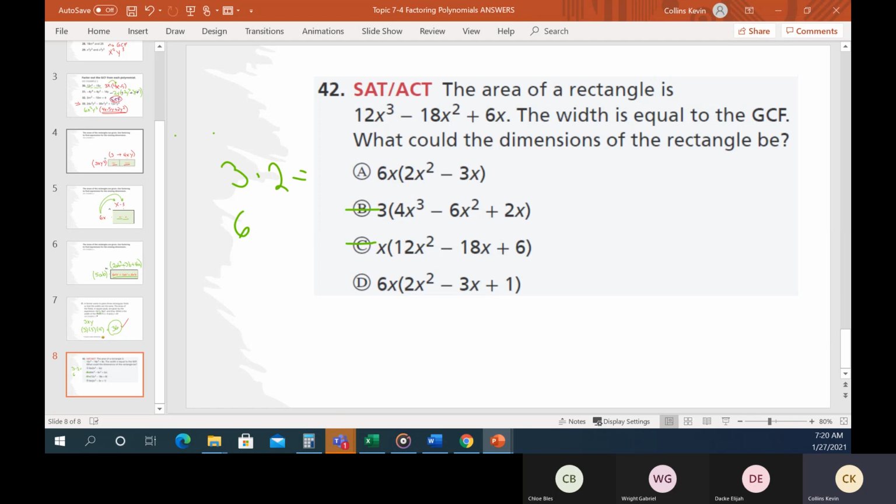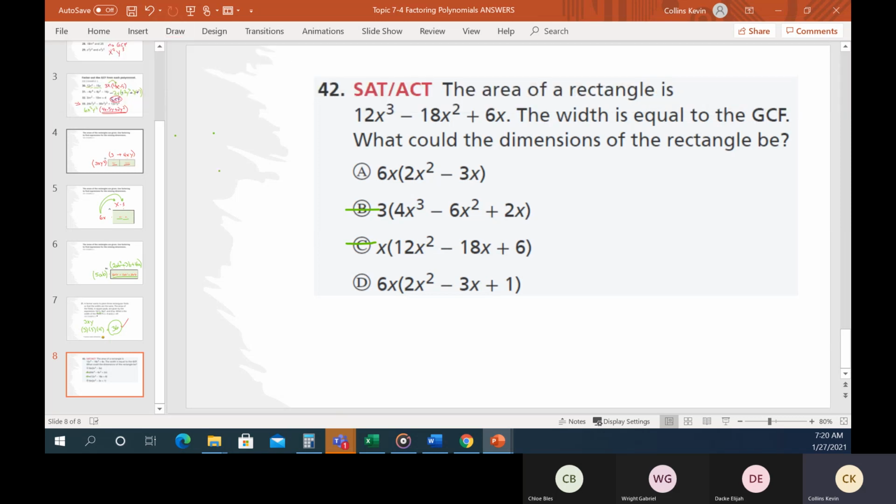So if we divide everybody by 6x, you can do this one of two ways. You can take 6x and divide it into this guy.